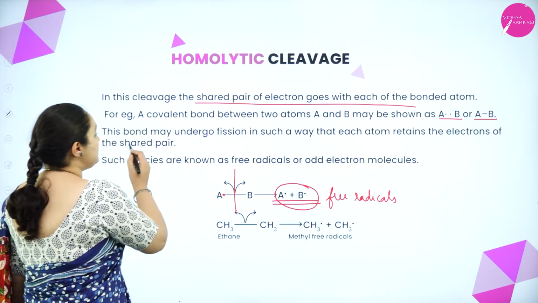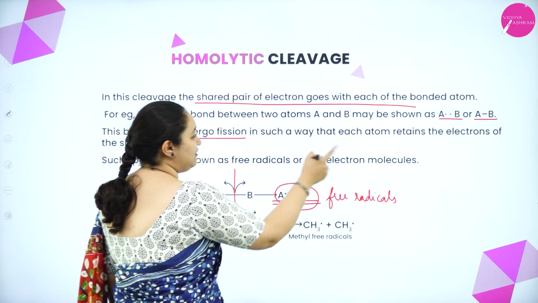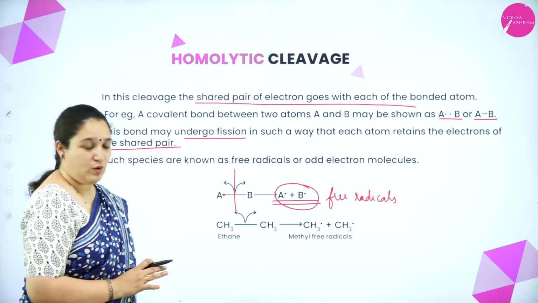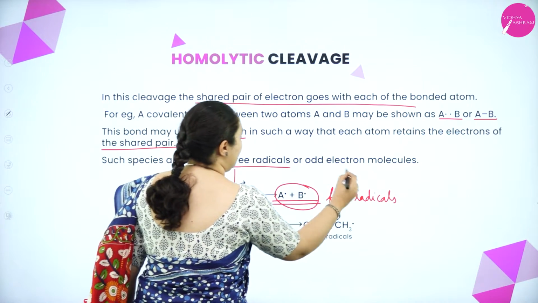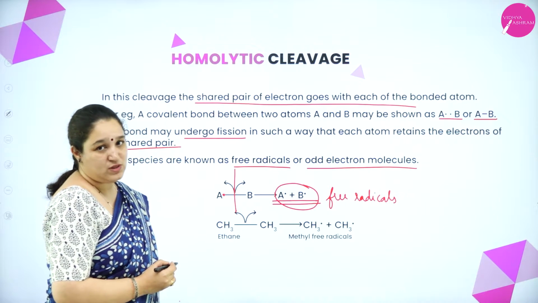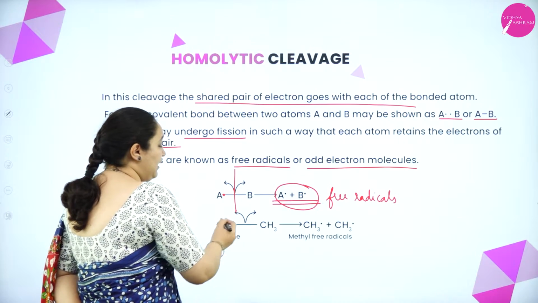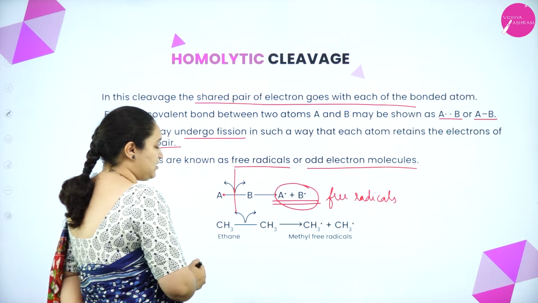So this bond may undergo fission in such a way that each atom retains the electron that has been shared. Such species which are obtained, we call free radicals or odd electron molecules. For example, take ethane. In ethane we have a carbon-carbon bond, with a CH3 group and a CH3 group.